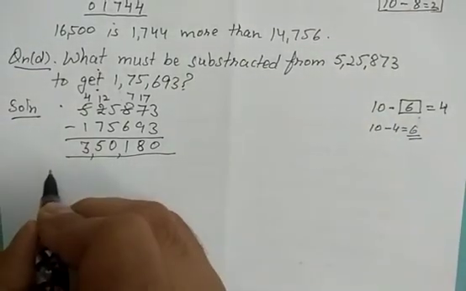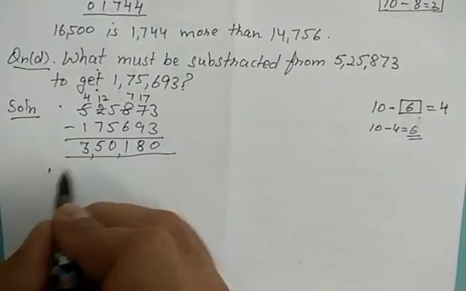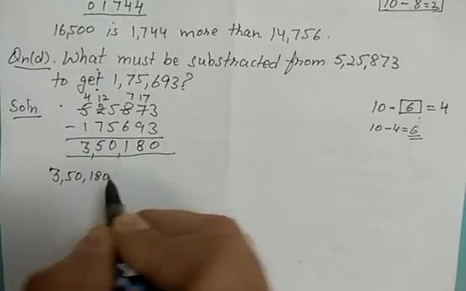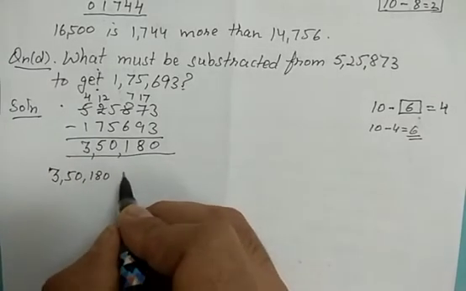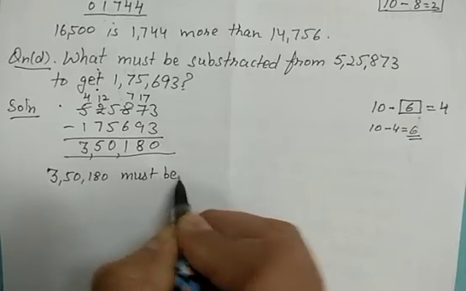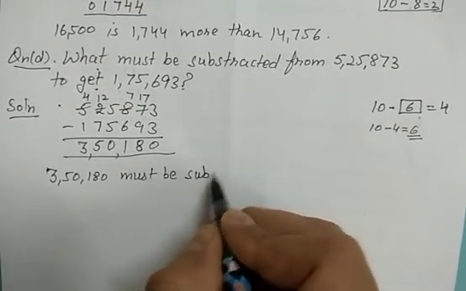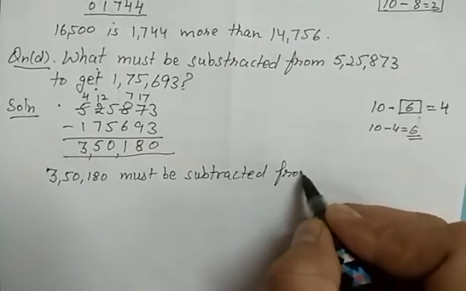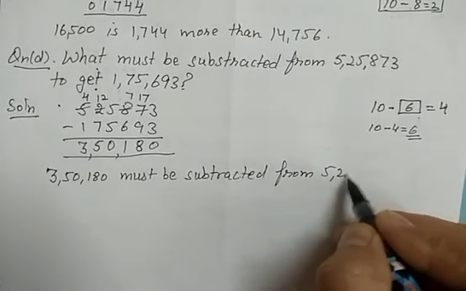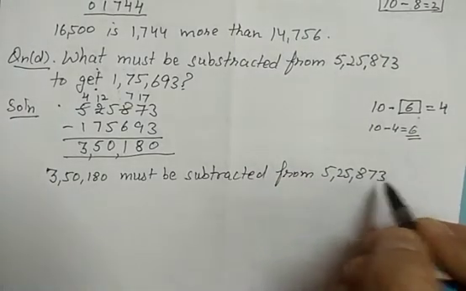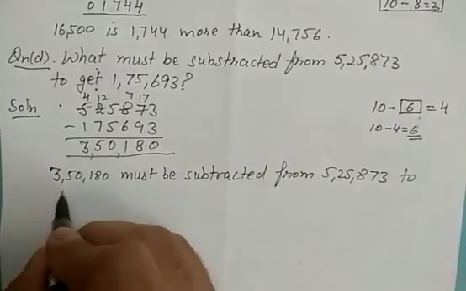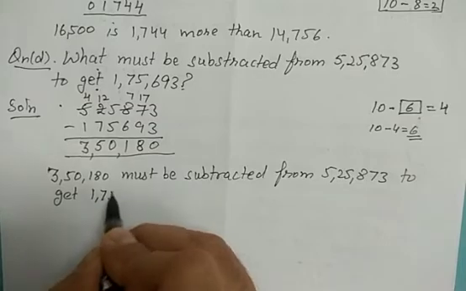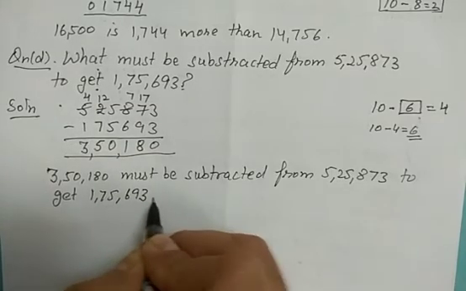We'll write the answer: 3,50,180 must be subtracted from 5,25,873 to get 1,75,693.